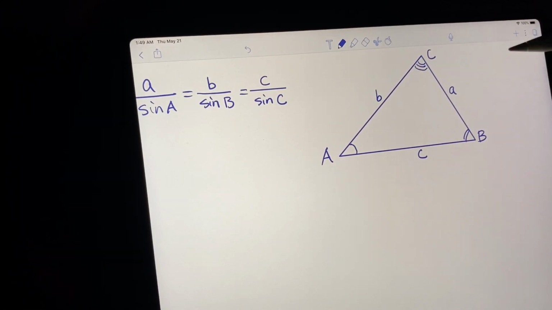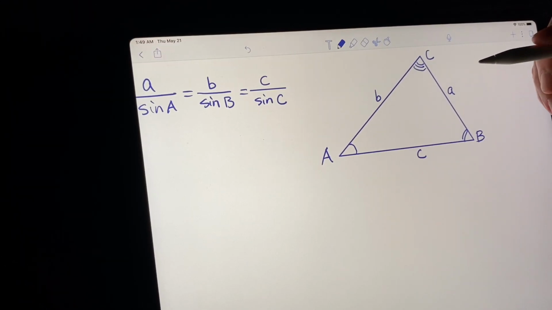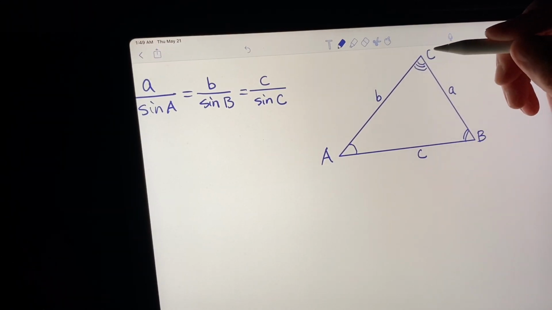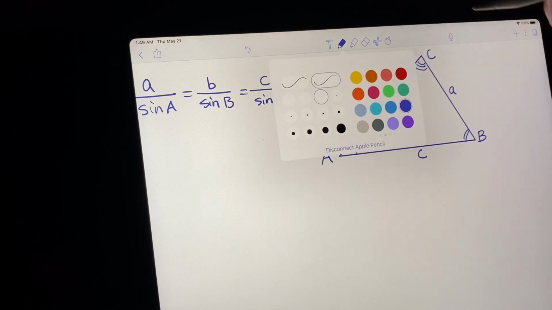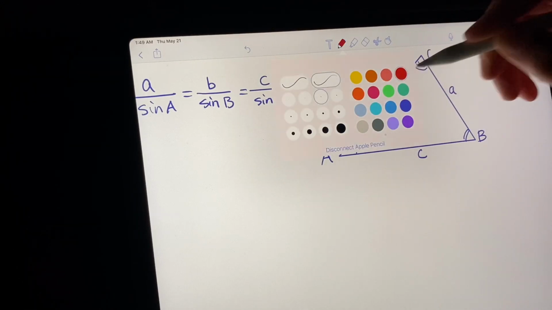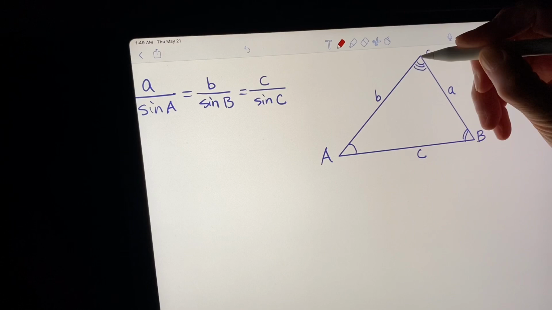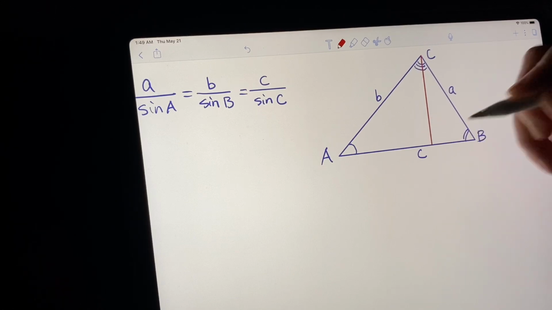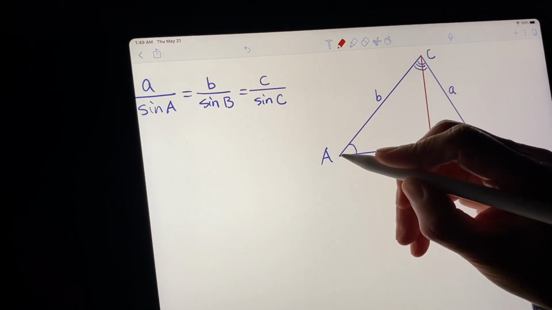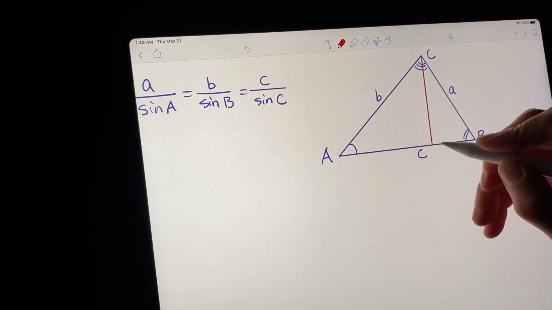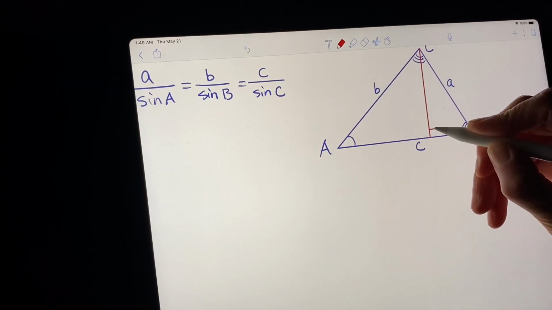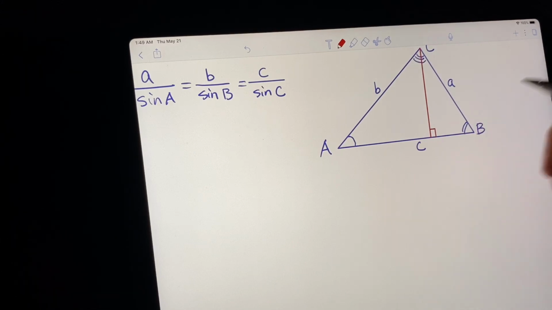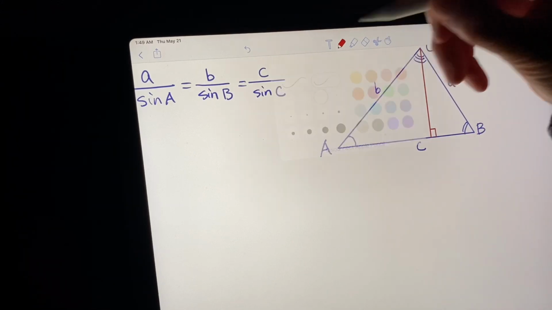And if we want to figure out the sine, then we need to make a right angle. So I will introduce a line, and this is the height. This height could be here. So this is 90 degrees. This is the height.